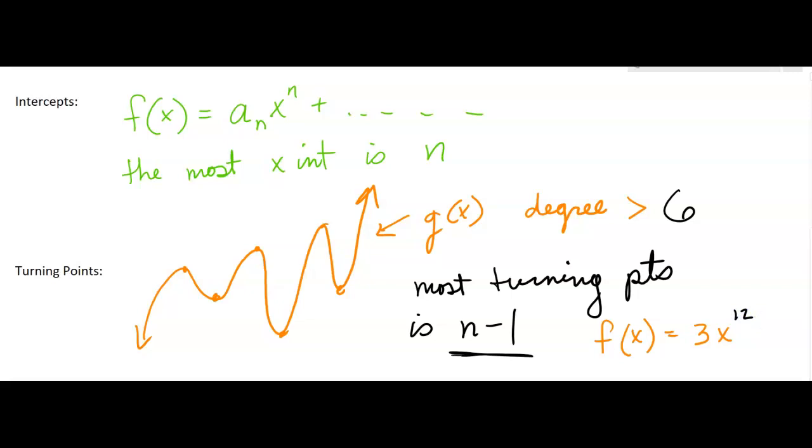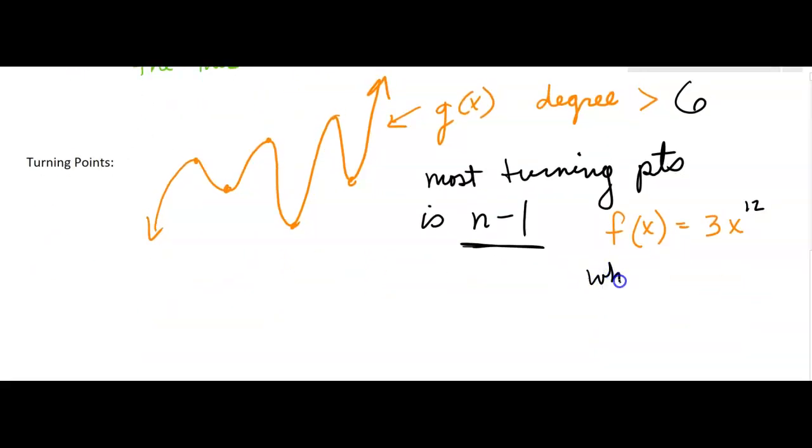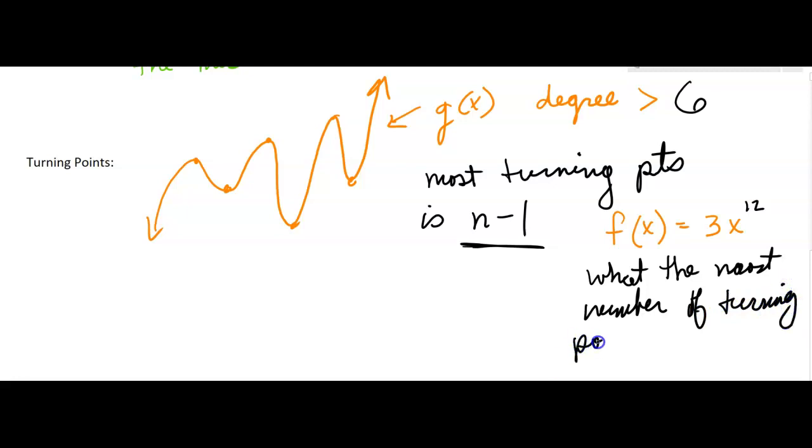And I'm going to ask you, pretend this is on your next test or something, what's the most number of turning points you could have? You could have 11 at the most. Okay? That'd be the most number of turning points you can have. All right, I hope that helped. A little bit longer than I wanted to make it.